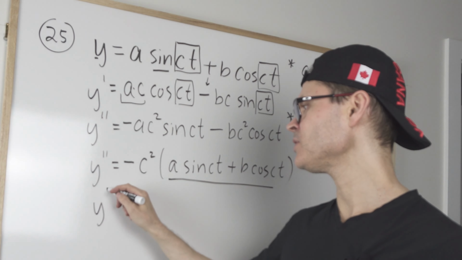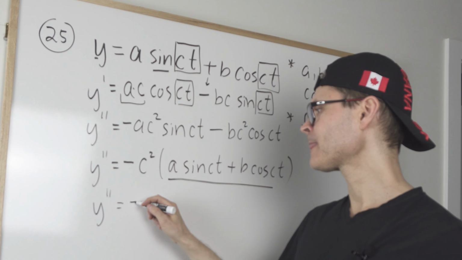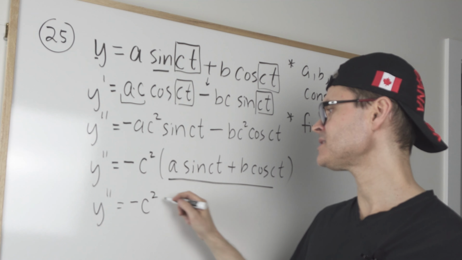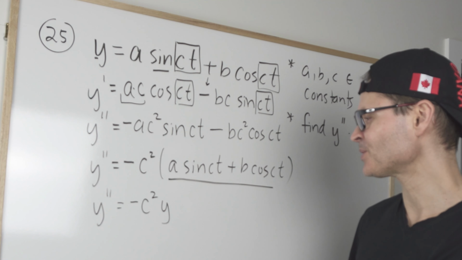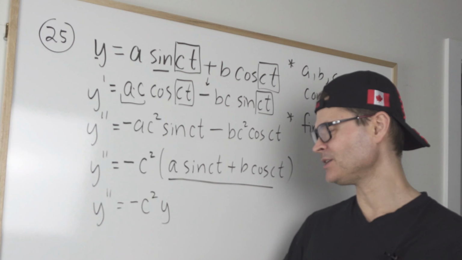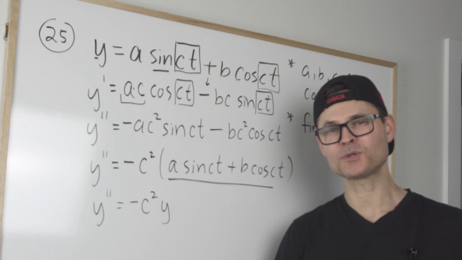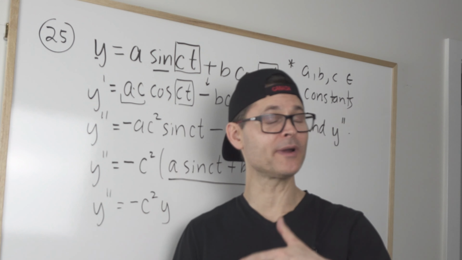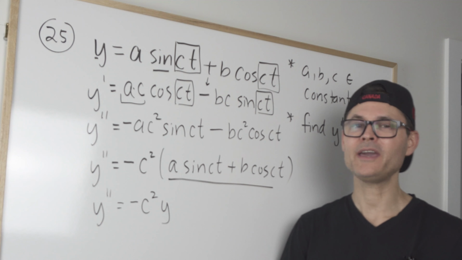So you could, if you wanted to, write that as y double prime equals minus c squared y. And that sort of sets us up for differential equations. Eventually, if you haven't used differential equations yet, you'll see those where you have equations with differentials or derivatives in them.